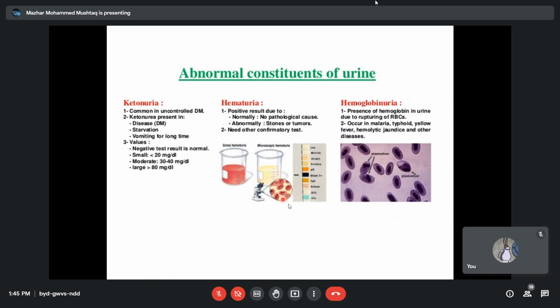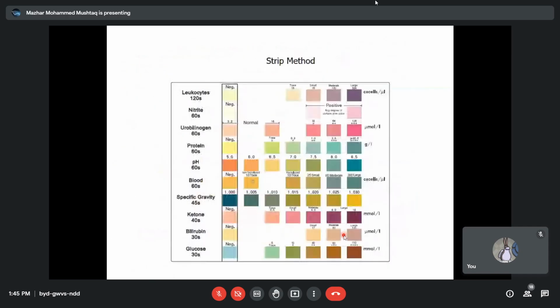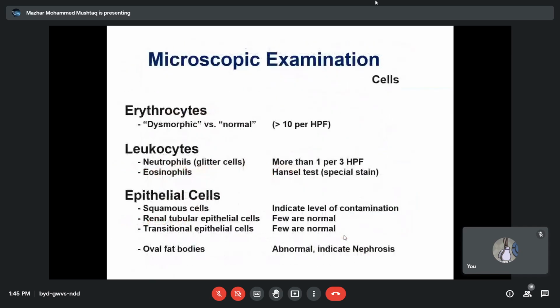But if it is distorted, not proper, a broken cell, then we call it dysmorphic versus normal. You can see this under the HPF. If there are more than 10 per high power field, you can say these are erythrocytes, and you can then find out what the problem is here.